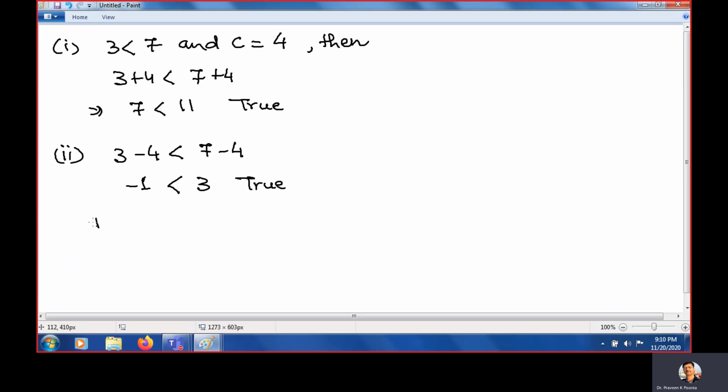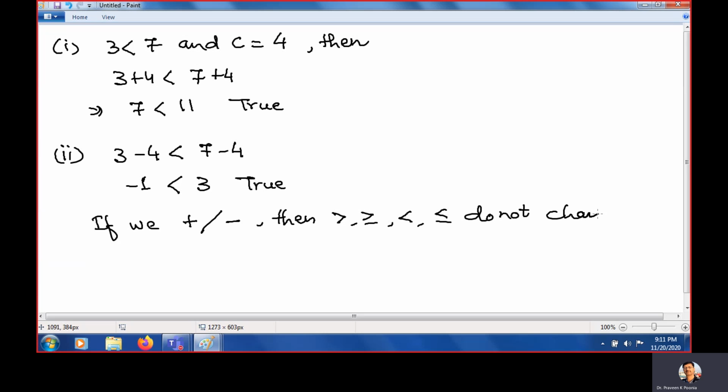Clear? So if we plus or minus, these signs do not change. This is property number 1.